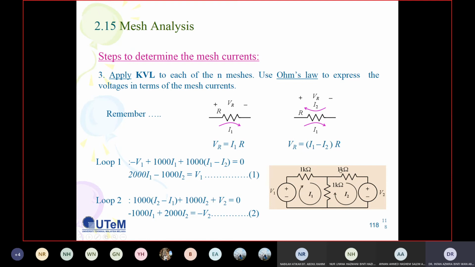We have 1K and 1K, so 2K. So 2000 I2 must be positive. And then how many resistance share with other loop? We have 1K share with loop 1, so 1000 I1, and then the sign must be negative.